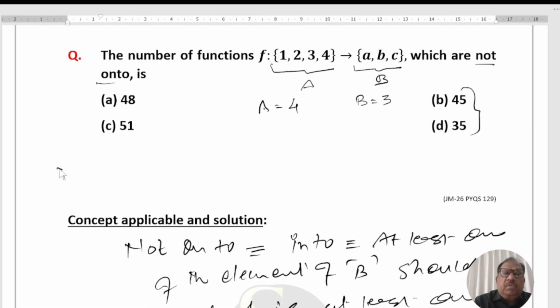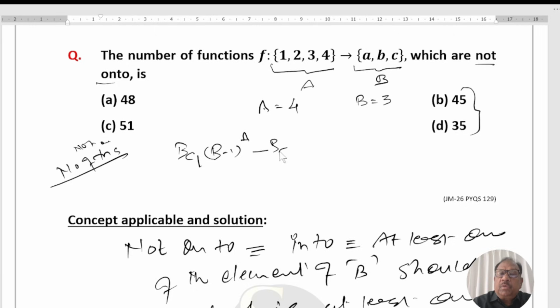So number of onto functions will be, number of not onto functions will be equal to BC1 (B minus 1) की पावर A minus BC2 (B minus 2) की पावर A plus, till we get 1.